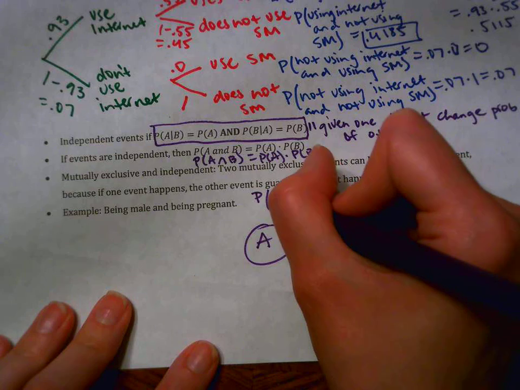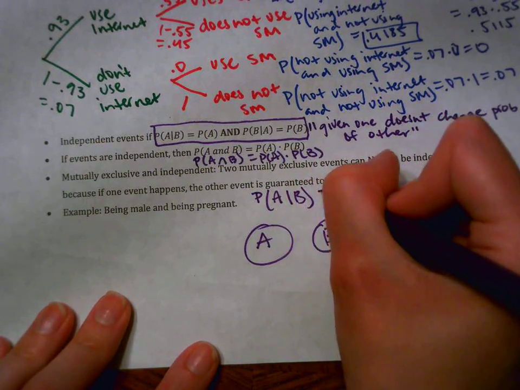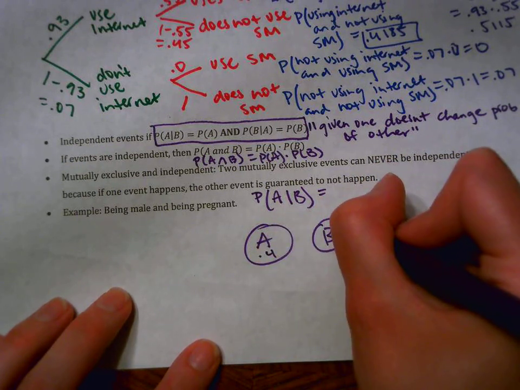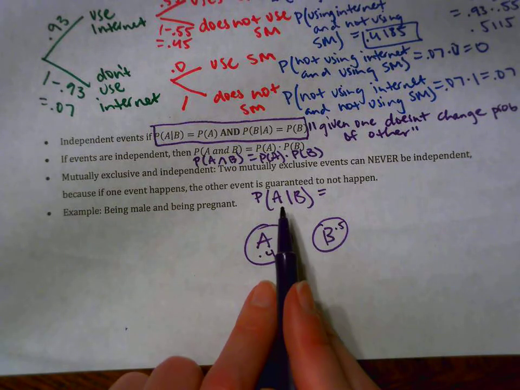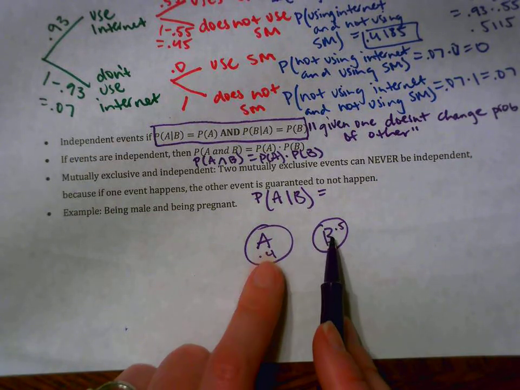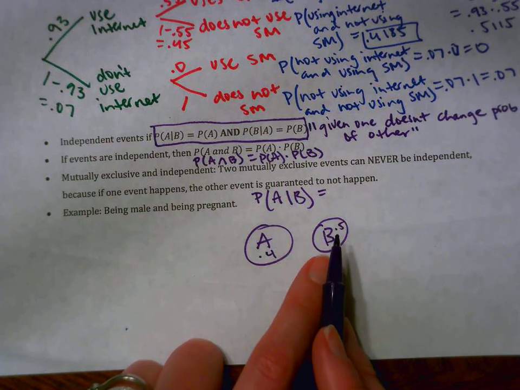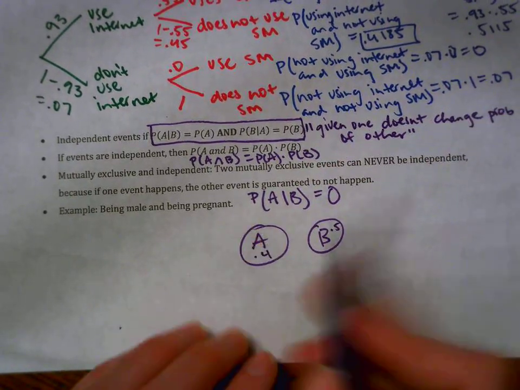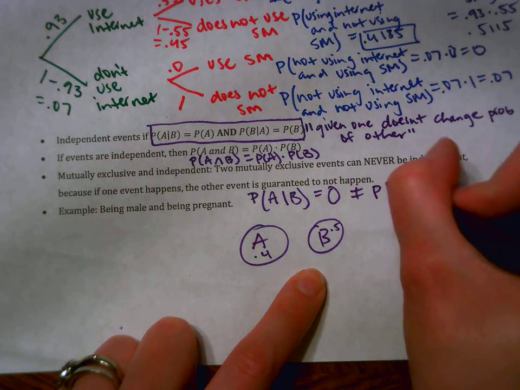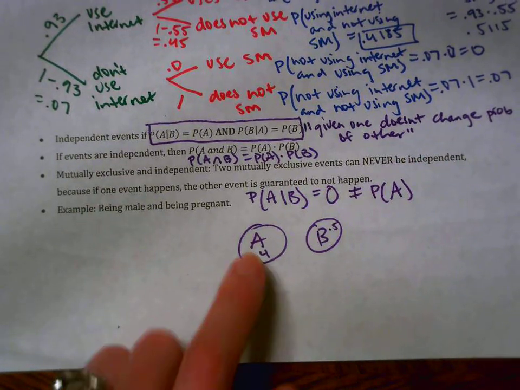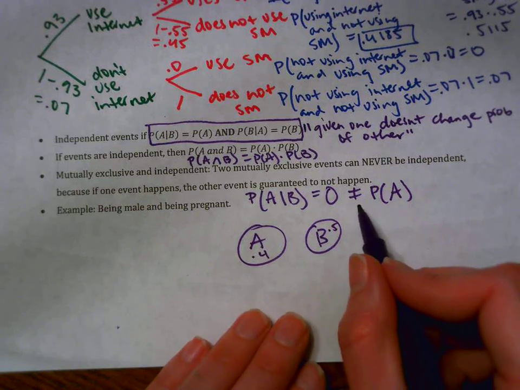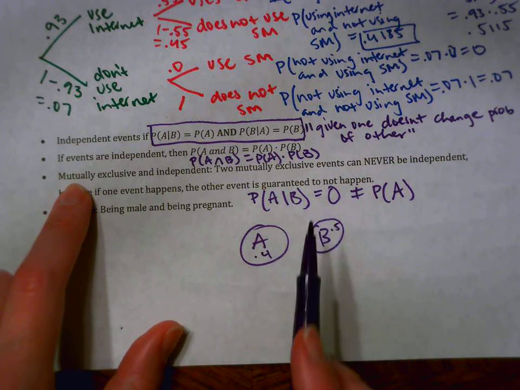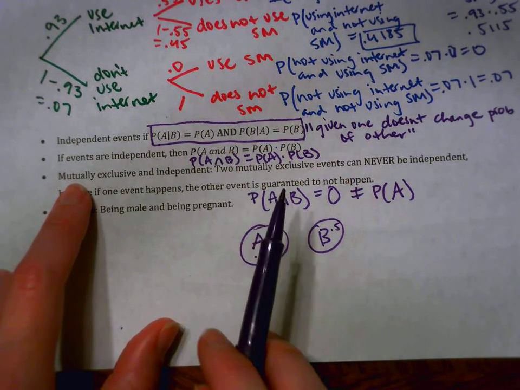So the probability of A given B, let's say the probability of A is 0.4 and the probability of B is 0.5. Well, if it's given that you're in B, well then what's the probability of being in A? 0. It's impossible. If it's given that it's in B, it can't be A because it's mutually exclusive, so that's 0, which doesn't equal that probability of A originally, which is 0.4. So they are not independent. So if you're mutually exclusive, given one's going to change the probability to be 0, and it's not going to be independent. So I hope that made sense. If it didn't, just know they can't be both.